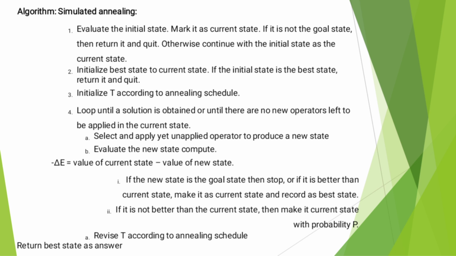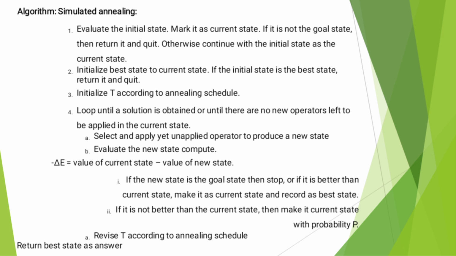If the initial state is better than the best state, return it and quit. Initialize T according to the annealing schedule. Then loop until a solution is obtained or until there is no new operator left to be applied in the current state.